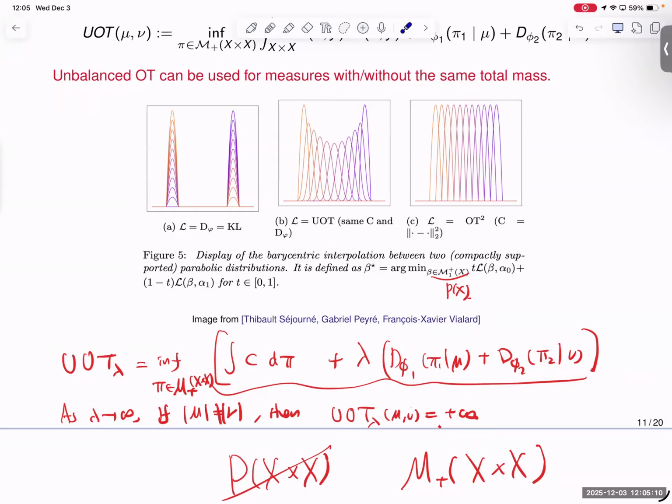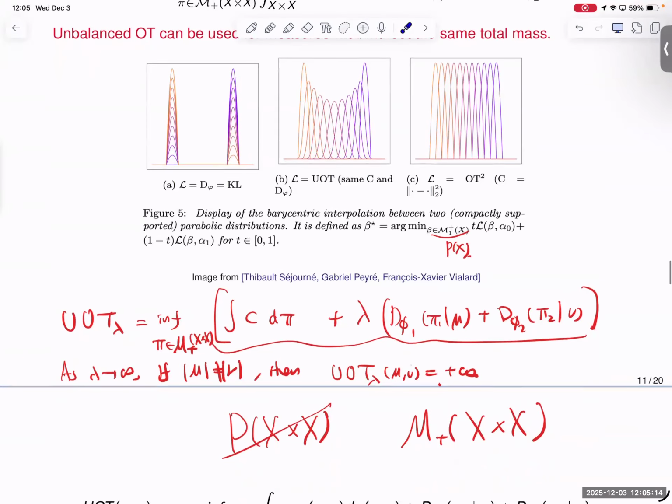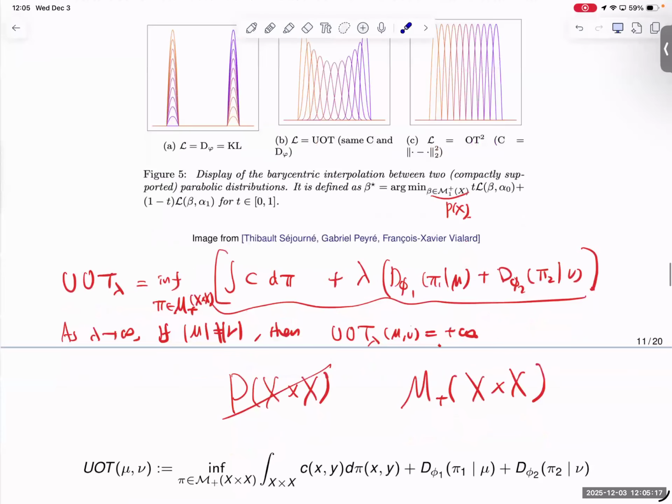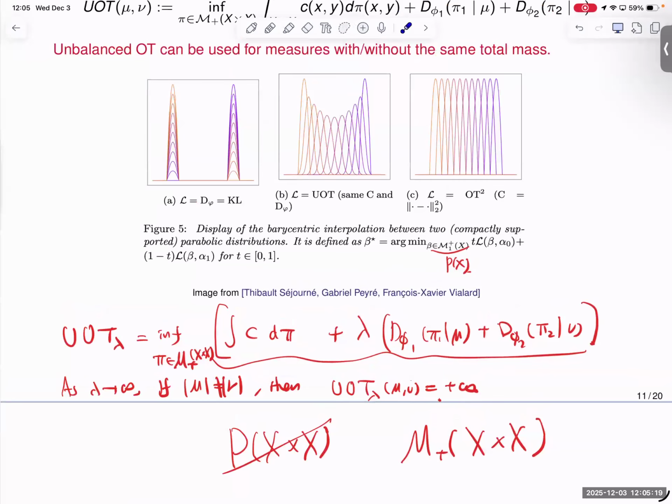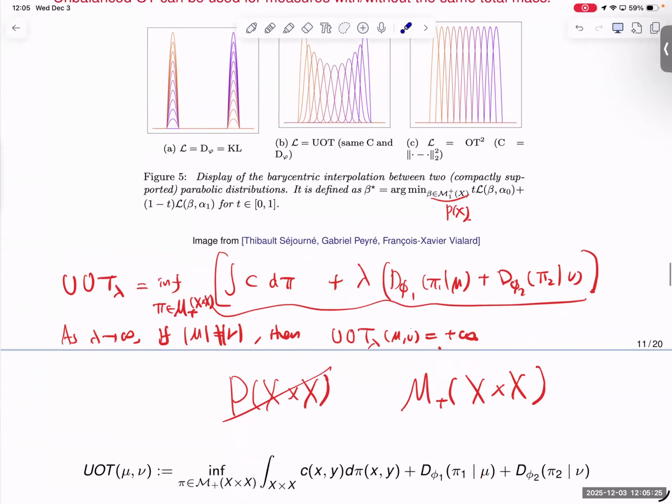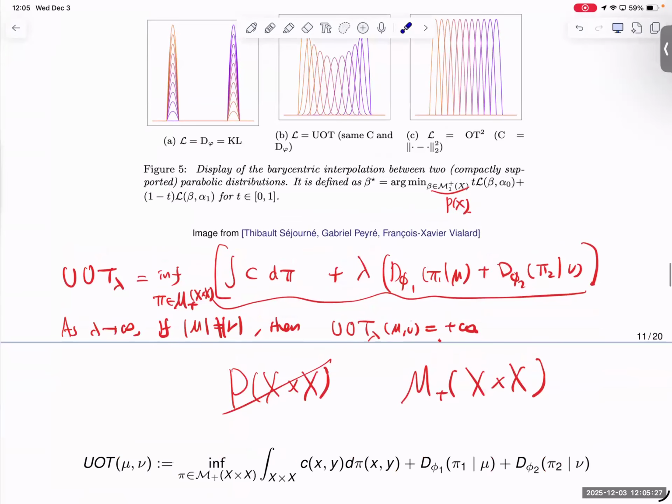Okay, I may be wrong, but there should be some continuity. Whatever it is, sorry. Just a disclaimer: I'm not an expert on this phi divergence myself, or even unbalanced optimal transport. I'm just learning by teaching it.